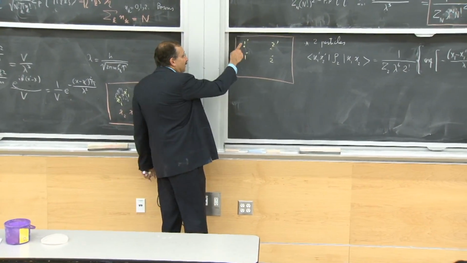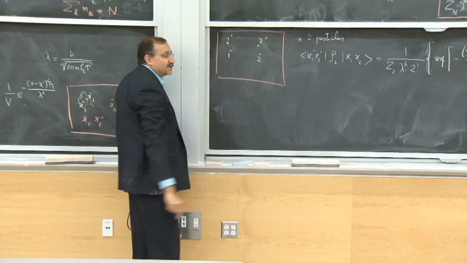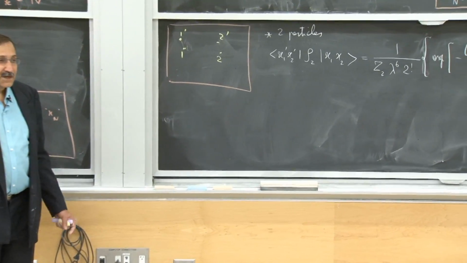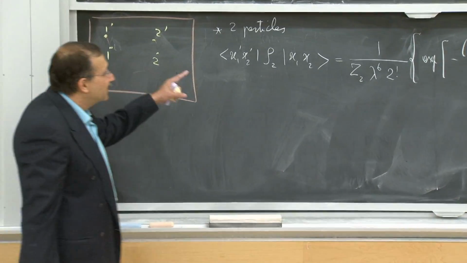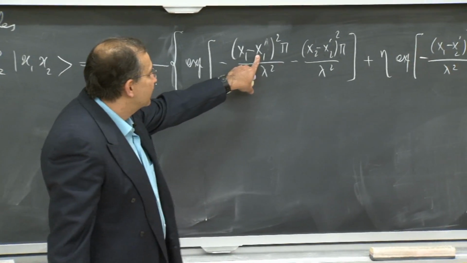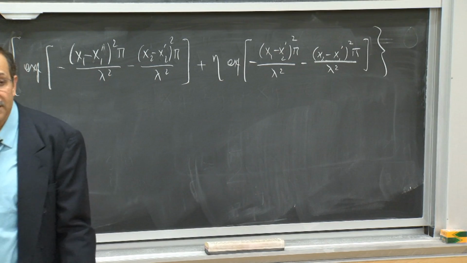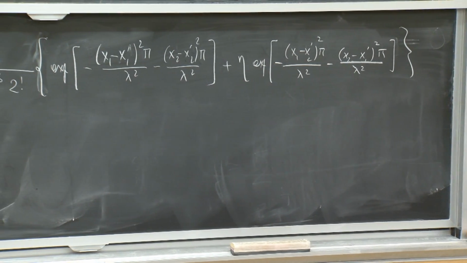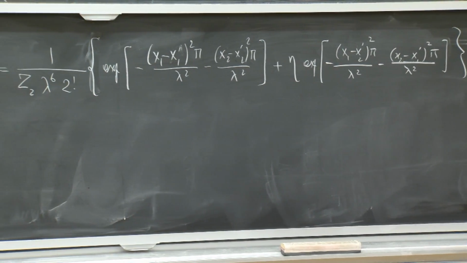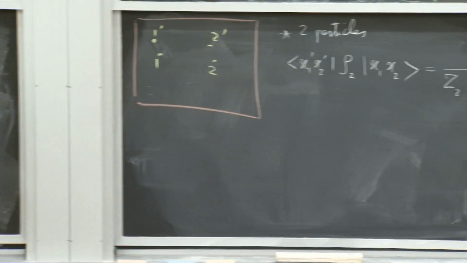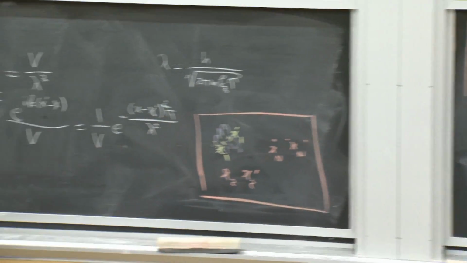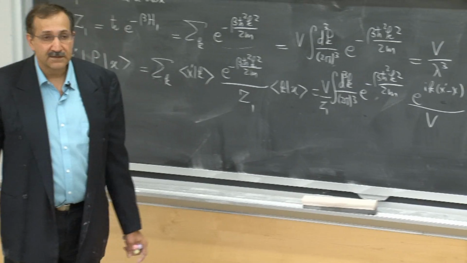Maybe the thing that you are calling 1 prime is really 2 prime and vice versa. So I have to allow for the possibility that rather than x1 prime here, I should put x2 prime and the other way around. And this also corresponds to a permutation that is an exchange. It's an odd parity and gives you something like this.